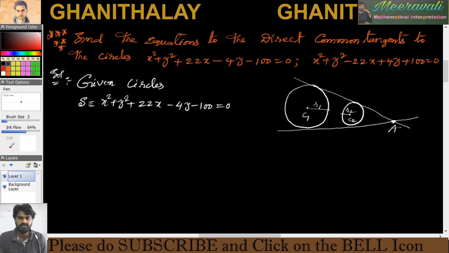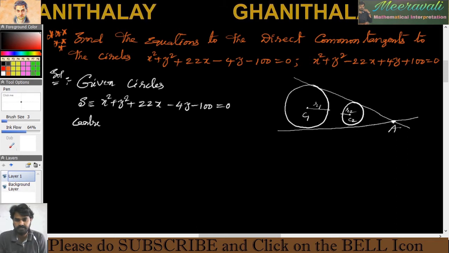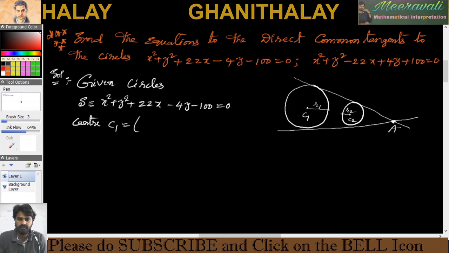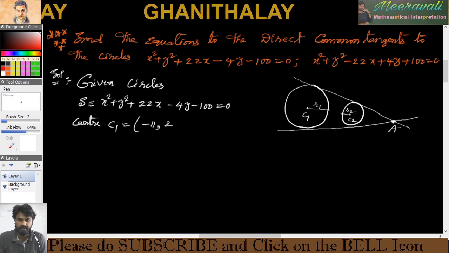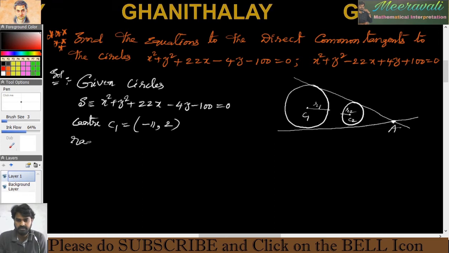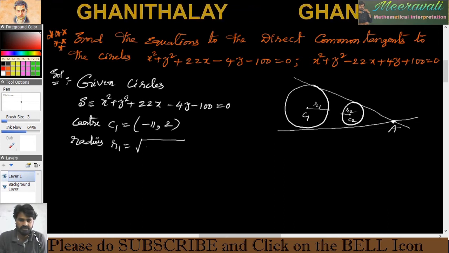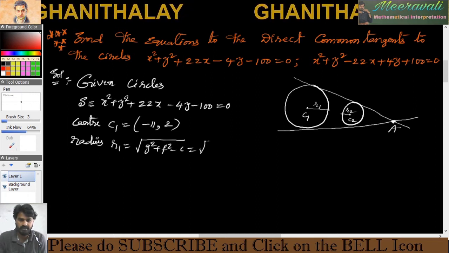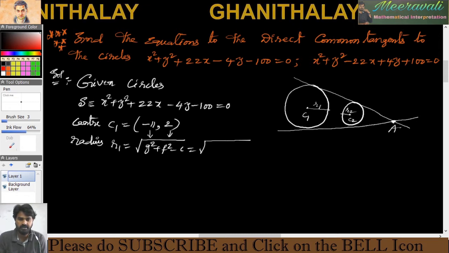So that means S is equal to 0. So we need to find the center. The center C1, directly you can write, is half of the negative of the x coefficient and half of the negative of the y coefficient. Next, radius r1, the radius formula is square root of g square plus f square minus c. So here g and f are the center coordinates, 11 square and 2 square.